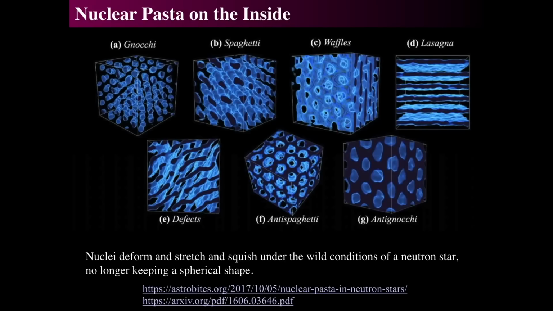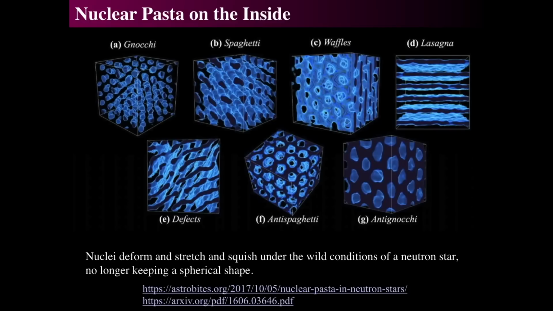And the individual protons and neutrons bind together not as spherical nuclei, but as spaghetti or waffle or lasagna type nuclei. So we no longer have anything that looks like this nucleus next to that nucleus.